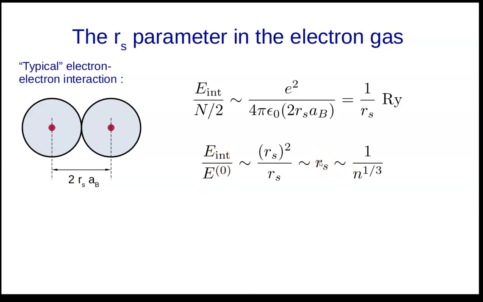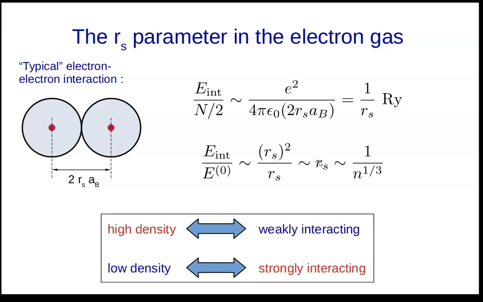So the message here, and this is important to keep in mind, is that whenever I talk about the density of the electron gas, high density means weakly interacting, while low density means a strongly interacting gas or strongly interacting electron system, right? So in other words, this Rs can be seen as a perturbation, the dimensionless parameter that essentially counts the strength of the interactions in the system.